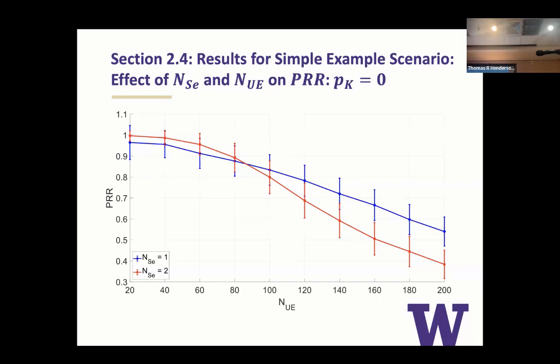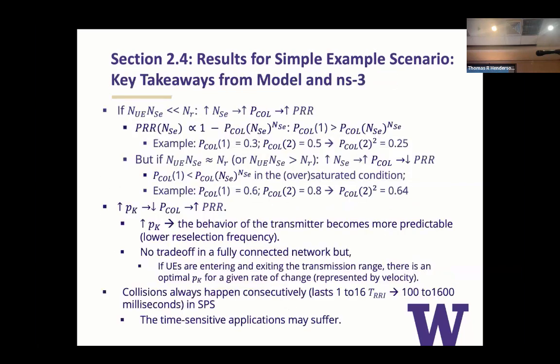Do you remember the other slide that had the consecutive collisions? Yeah, this one. Do you have any data on the distribution of those consecutive collisions? Is it largely a one time-step collision and occasionally 16 consecutive slots of collision, or how is that distributed? We haven't done that step. I think it's a good suggestion.